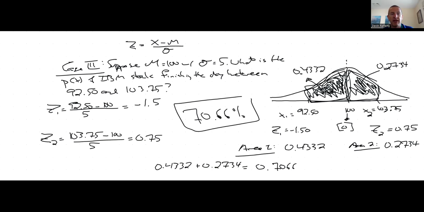Okay. If the average is 100 with a standard deviation of 5, then there's a 70.66% chance that IBM will finish the day between 92.50 and 103.75.